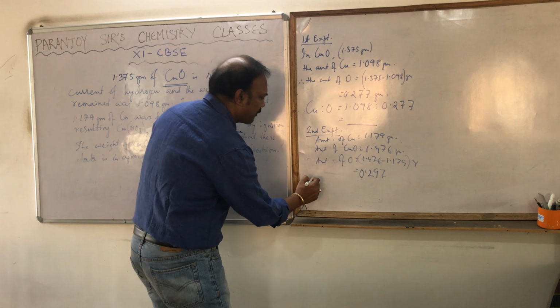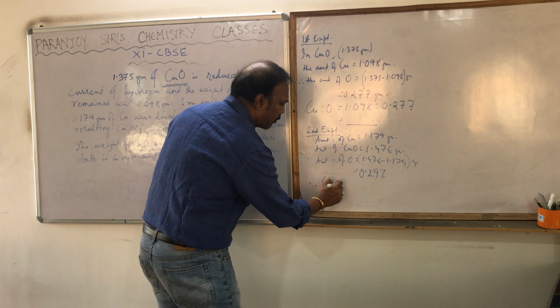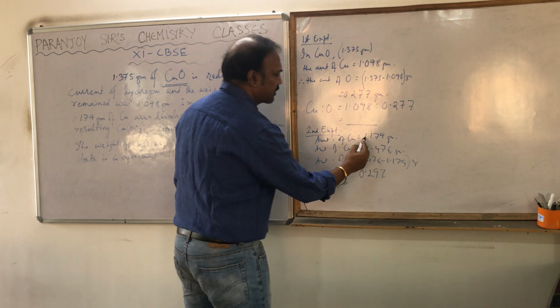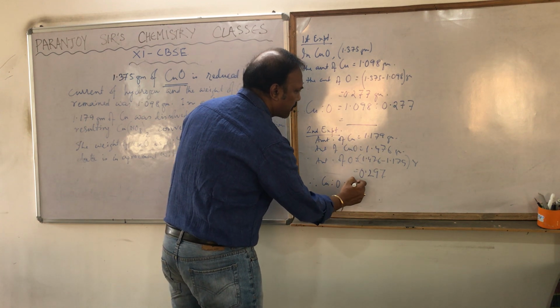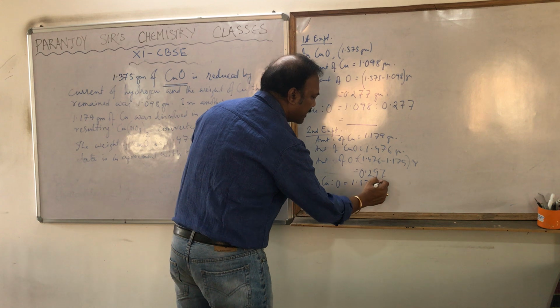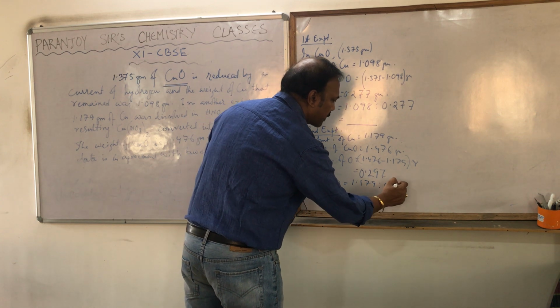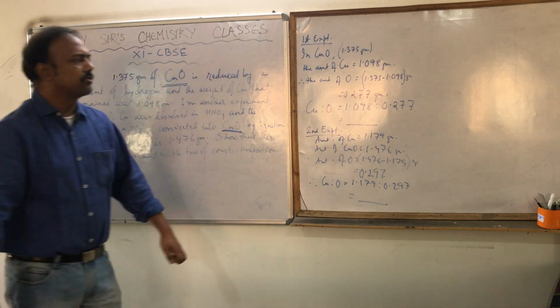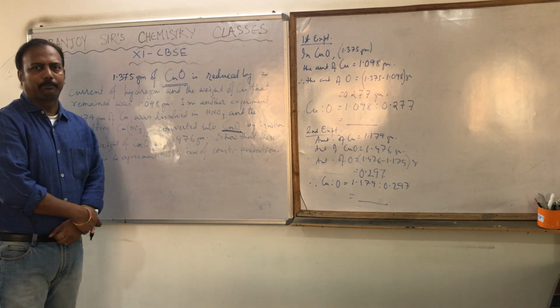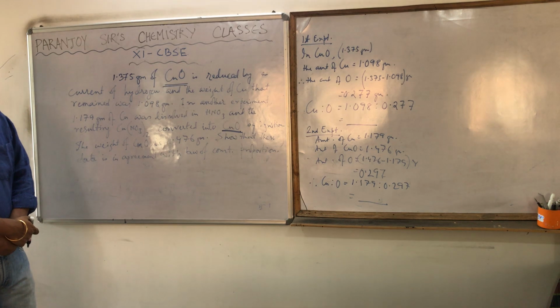So what is the ratio of Cu is to O from the second experiment? It is 1.179 is to 0.297, and you can get the value of this also. And these two values should be the same, right? That is definite proportion.